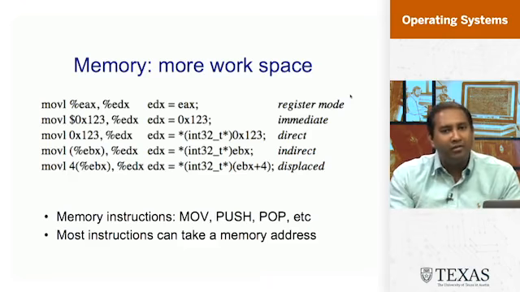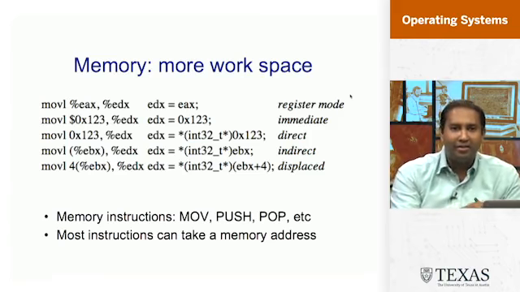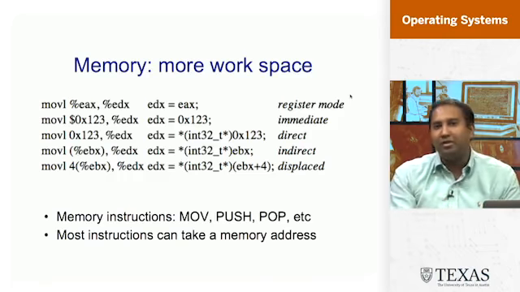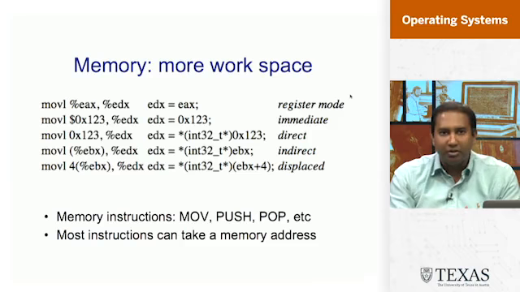This is one of the things a compiler does for you. In a high-level programming language like C, you don't manipulate the registers yourself. You just say add this number, print this number, and so on. And the compiler, underneath the covers, will transform them such that you go to main memory as little as possible.